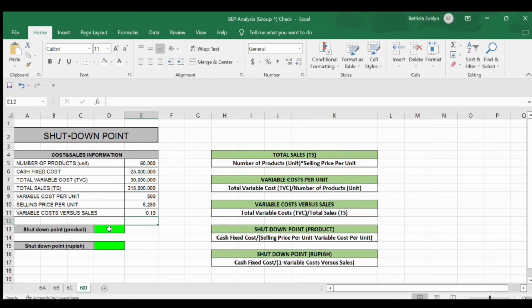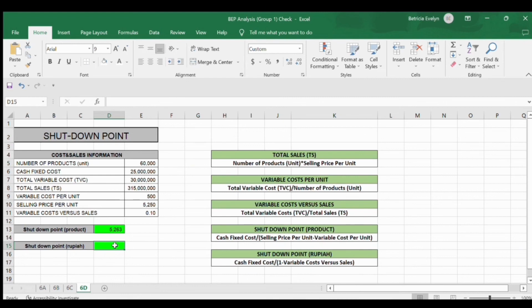And the next one is shutdown point product. The formula is equals the cash fixed cost divided by open bracket selling price per unit minus the variable cost per unit, close the bracket, and you find the answer.